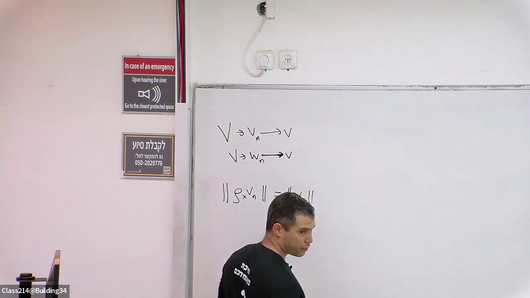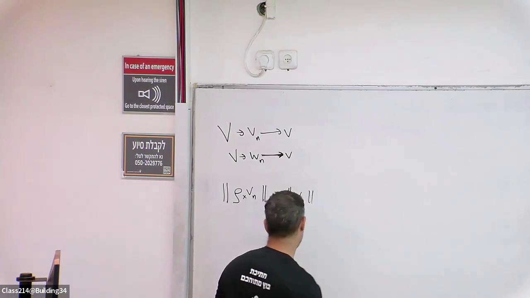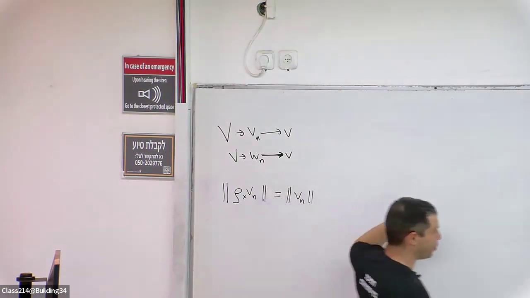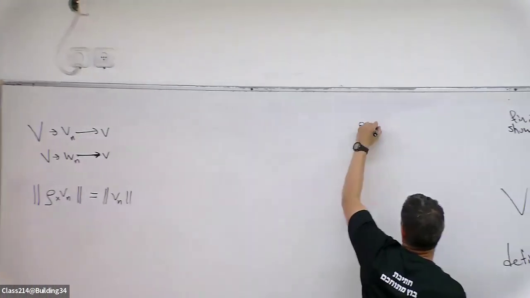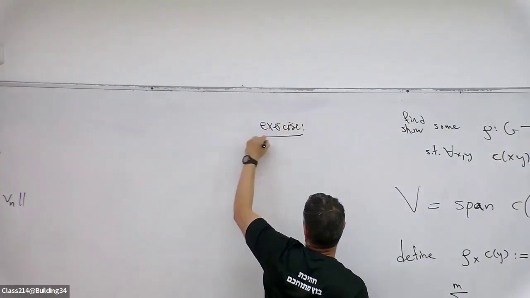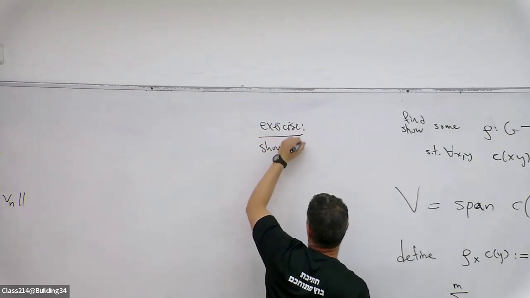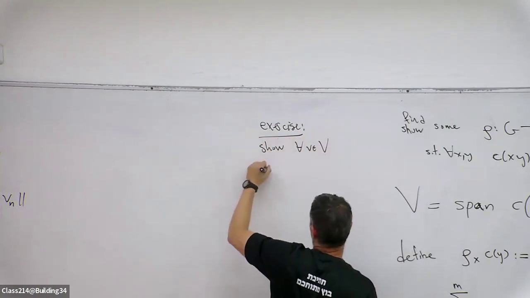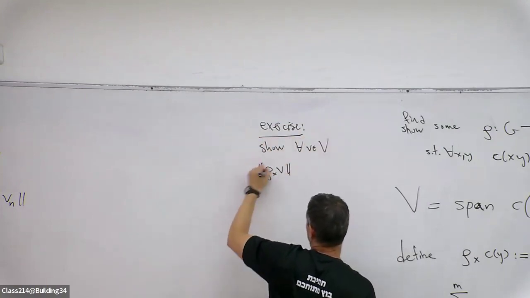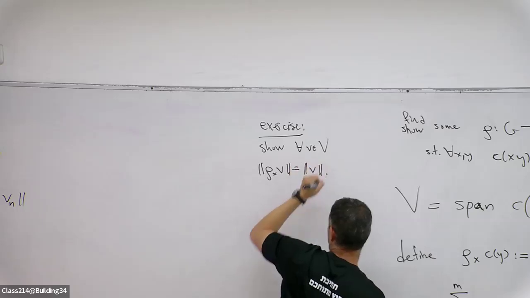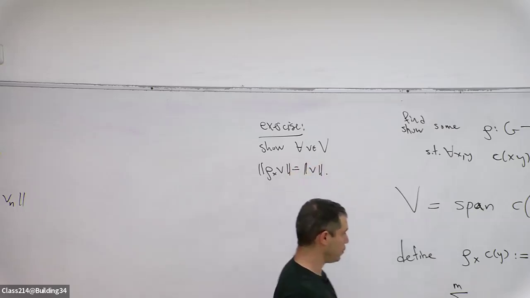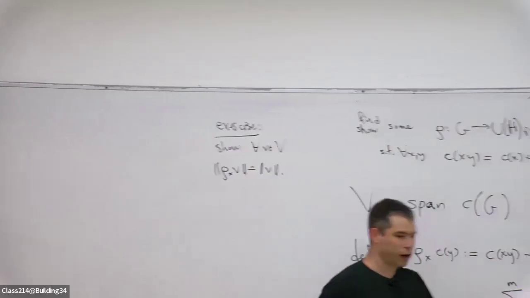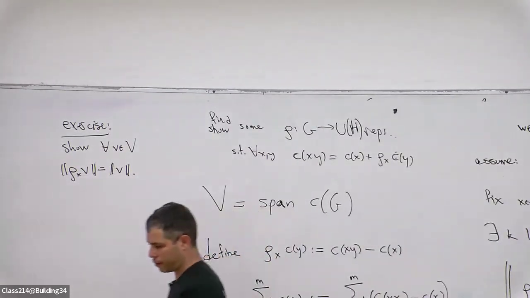Exercise: show that for any v in V, rho x v is in V. You do it for any linear combination, which is enough.